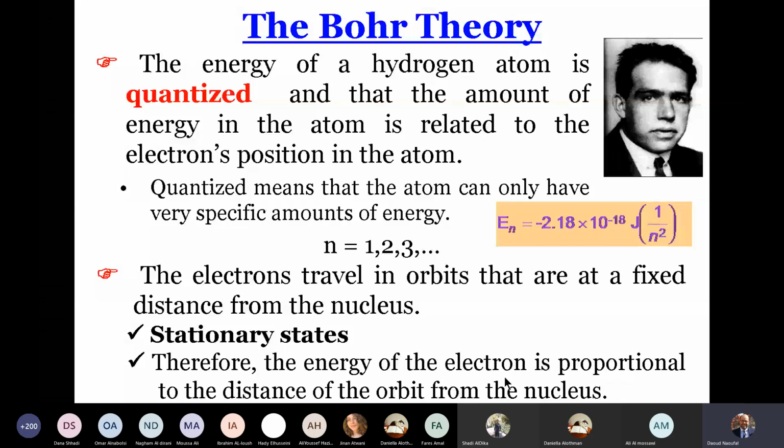So Bohr answered the two previous inconveniences. The first inconvenience, why the electron is not attracted by the proton, and the second inconvenience, why the electron did not fall down to the nucleus by losing energy. The answer of Bohr: the electron is protected by its presence on an orbit, and the orbit has a known energy and a known distance from the nucleus.